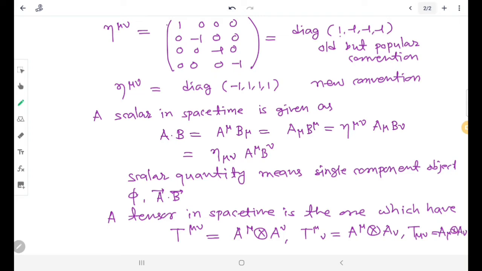So this is the way we write a two-rank tensor. Here we have two indices, so it is called a two-rank tensor. If it has 3 indices, then we can call it a 3-rank tensor, and so on. This is the usual way of writing things.